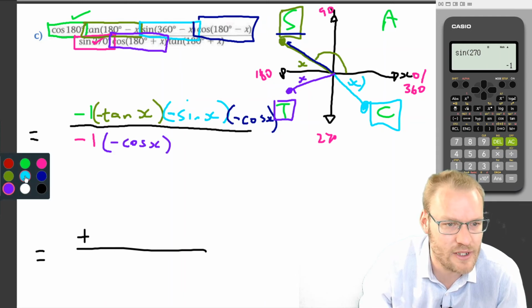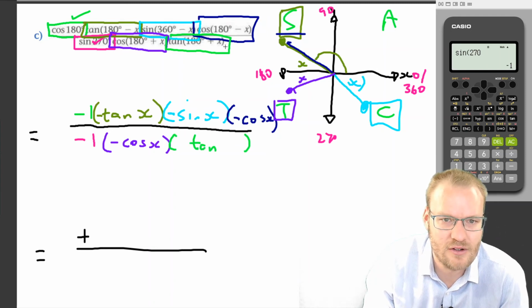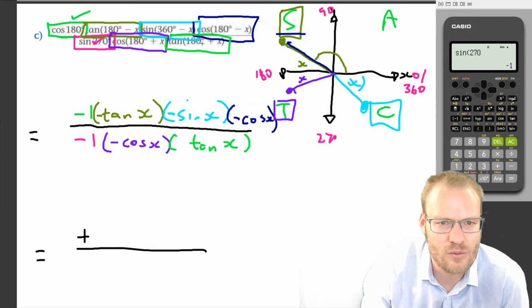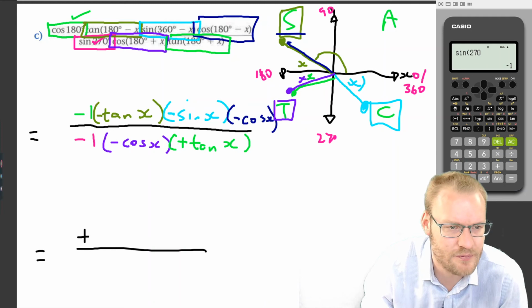And our last one, running out of colors even, bright green, let's go. And we've got tan of 180 plus x, oh, we're also down here, so I'm just going to double it up and say, okay, well, we're in tan, so that's going to be positive as well.